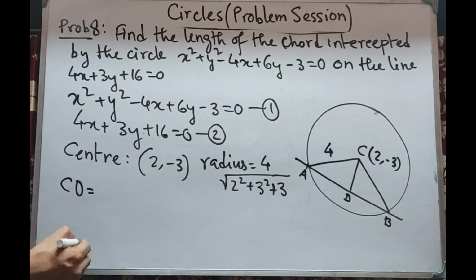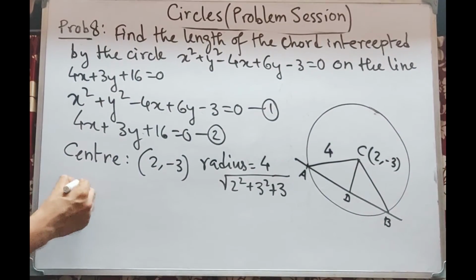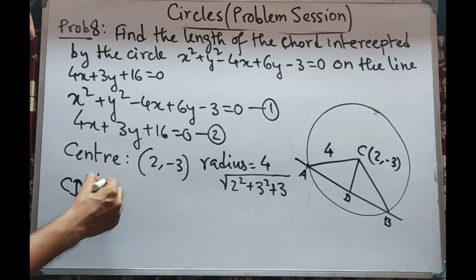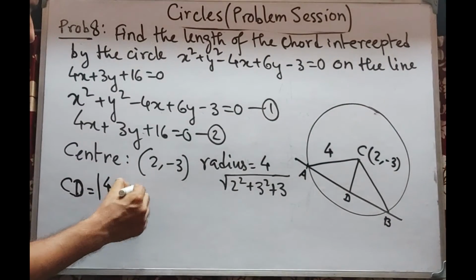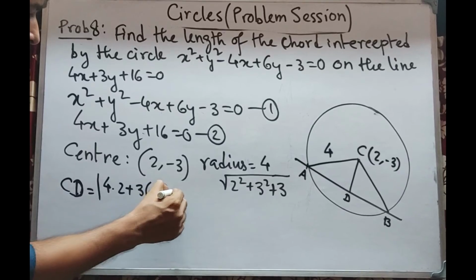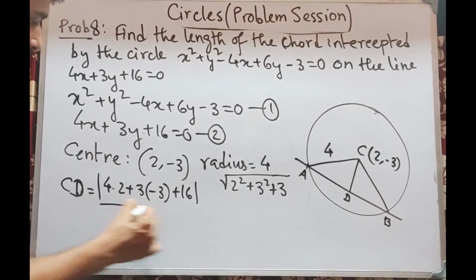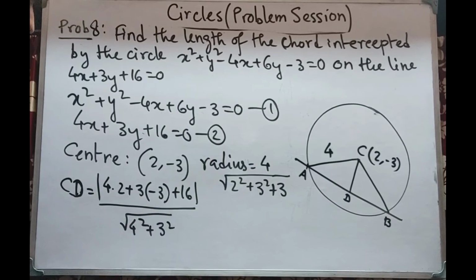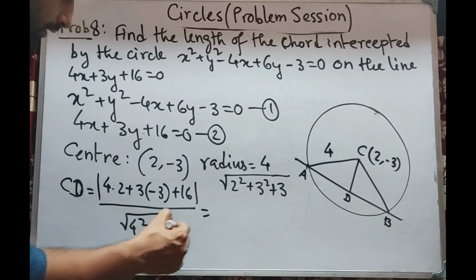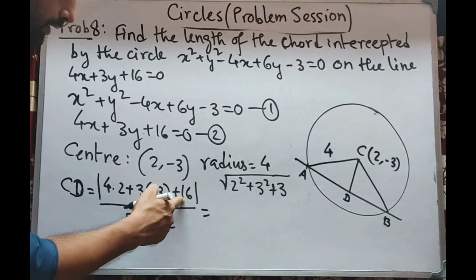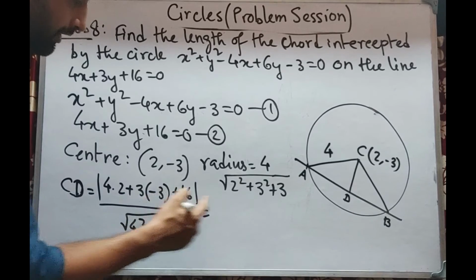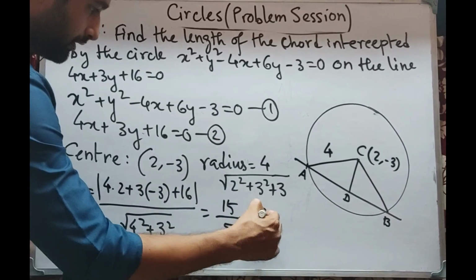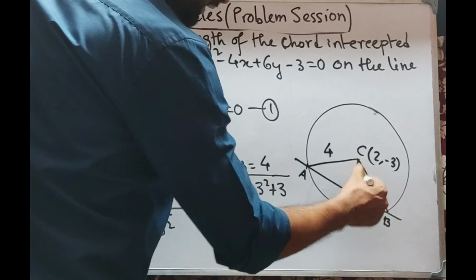So we can say the length of CD will be modulus of 4 into 2 plus 3 into minus 3 plus 16 divided by root over of 4 square plus 3 square. So it is 8 minus 9 plus 16. So basically it is 15 divided by 5. That means 3. So this length is 3.